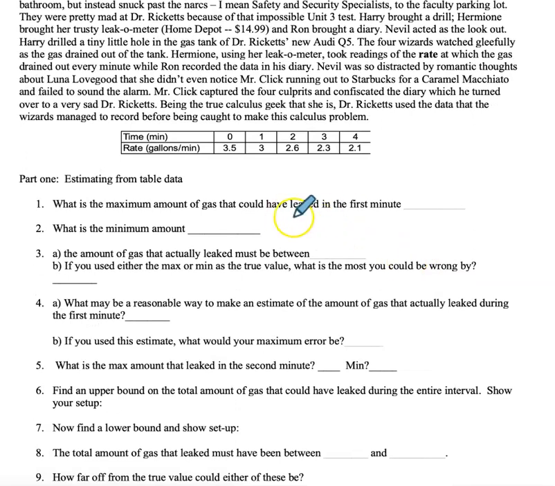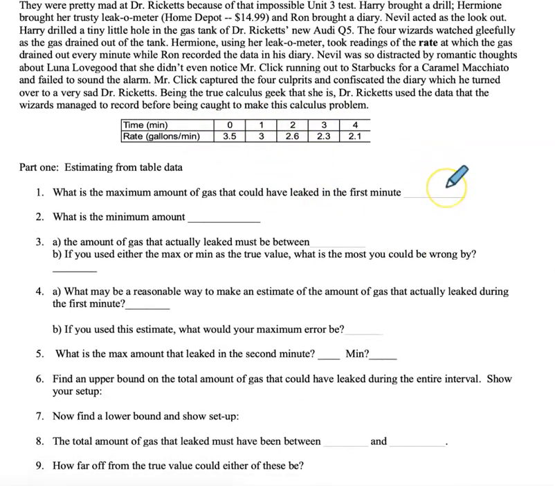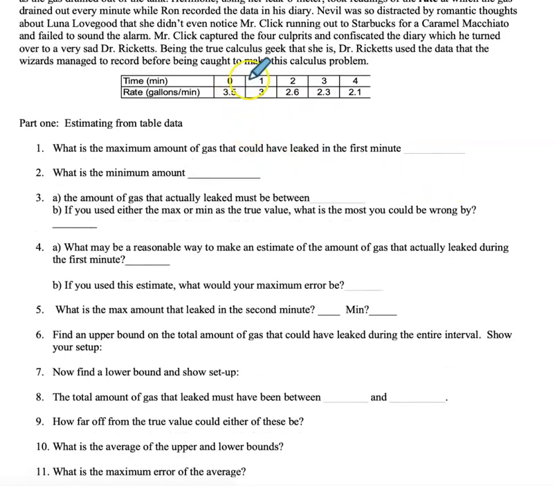Well, what we are going to do here is use the data in the table to estimate the amount of gas that leaked out. So the first minute goes from time equals 0 to time equals 1. And the rate at which the gasoline is leaking out is 3.5 gallons per minute at time equals 0, and only 3 at time equals 1.